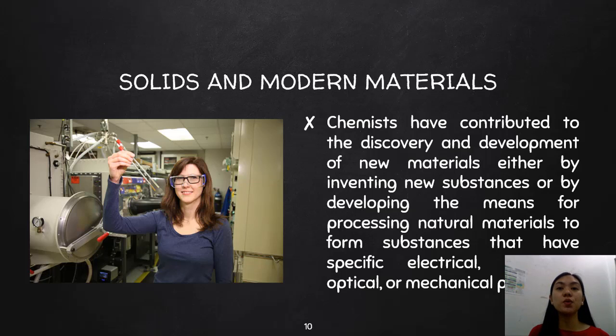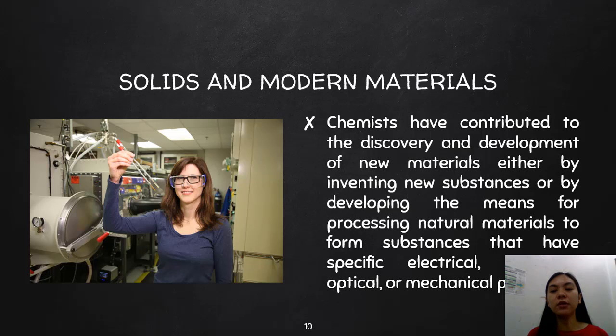Of course, when we want to use something, di ba? For example, your integrated circuits inside your gadgets. There are specific solids that we need to use in order to meet the needed criteria. So your solids have different properties, which we will be covering later on.